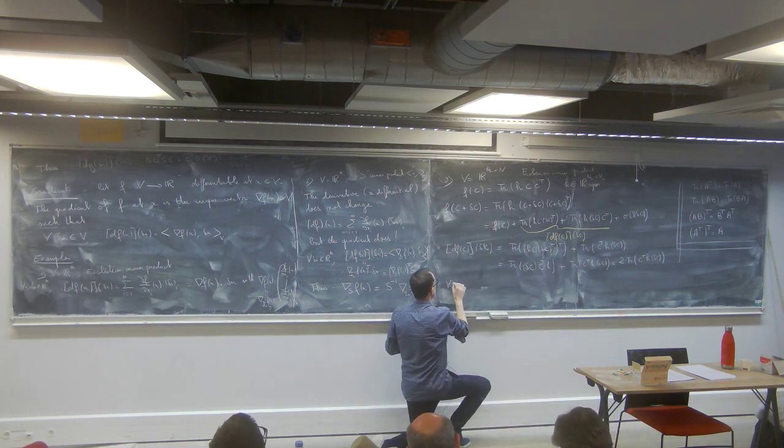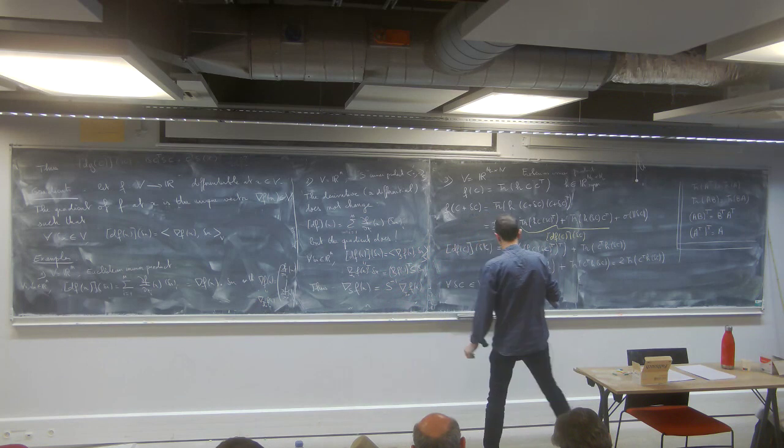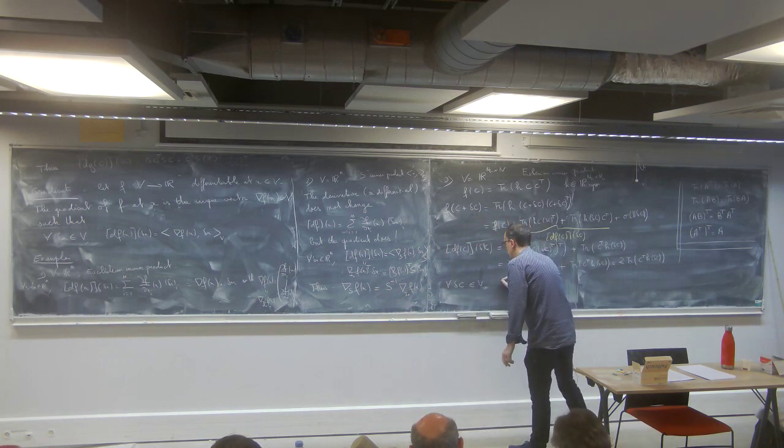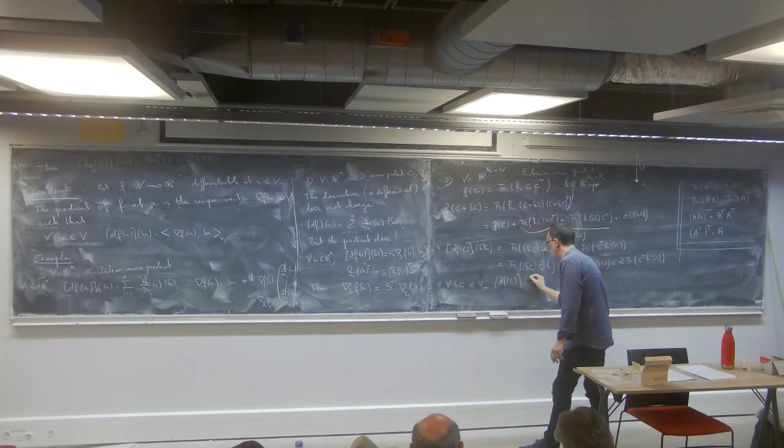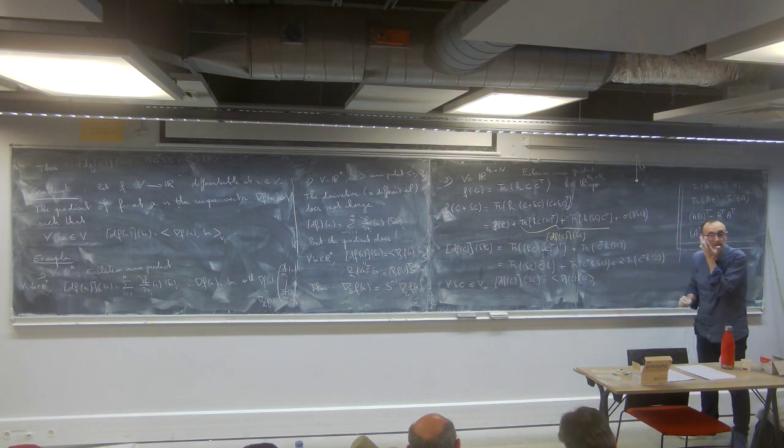And by definition, the gradient of f at point C is the point such that for all delta C, the derivative of f at point C at delta C is equal to the gradient of f at C, delta C, for the Frobenius inner product.